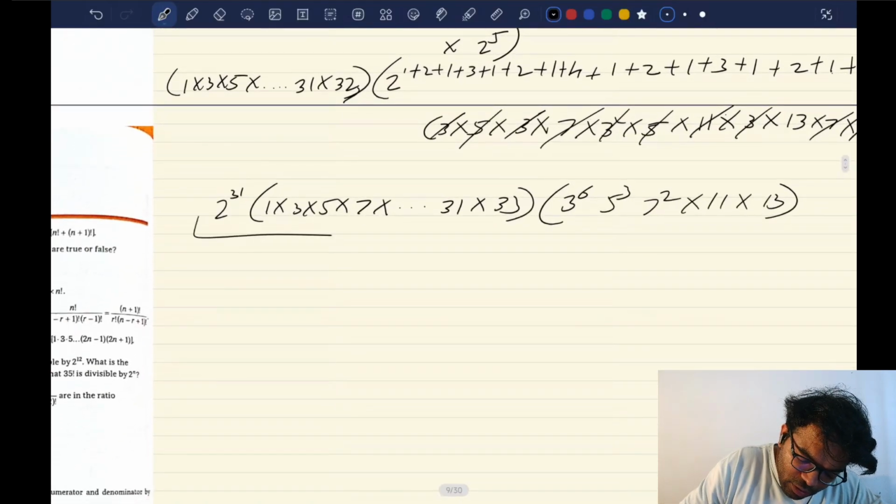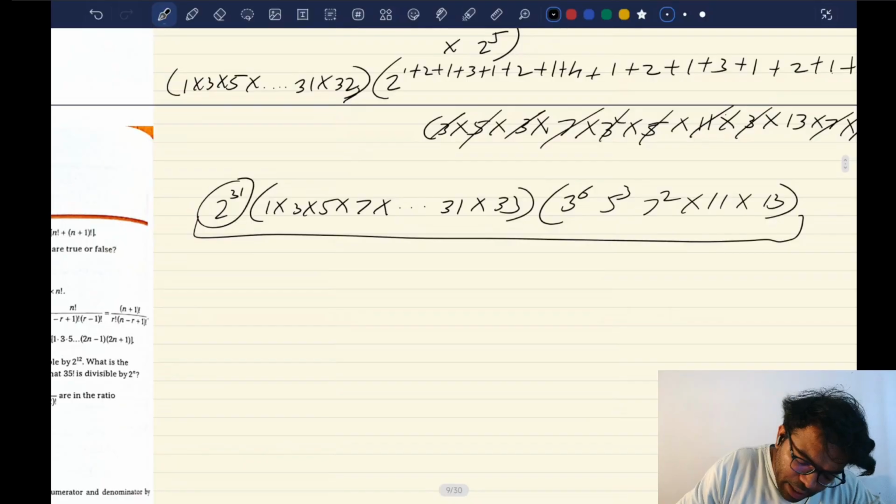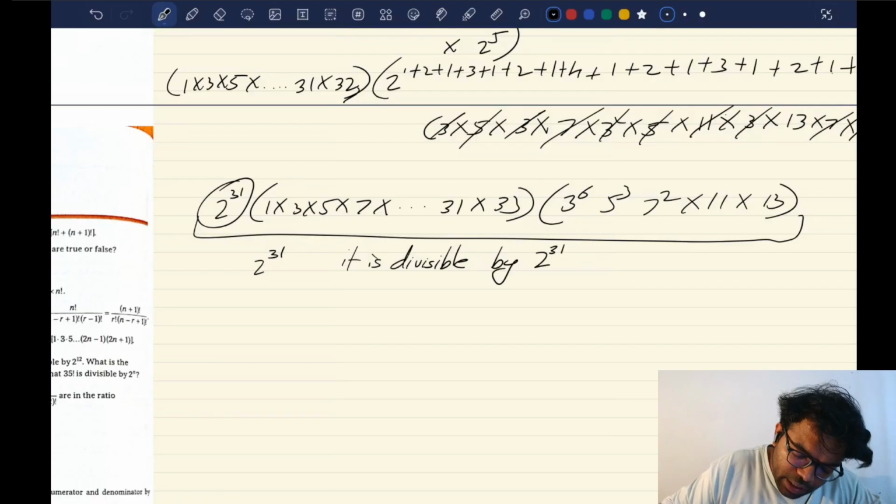Basically this whole number, because it is multiplied by 2 to the power of 31, is divisible by 2 to the power of 31.